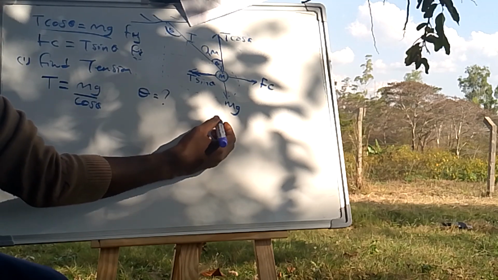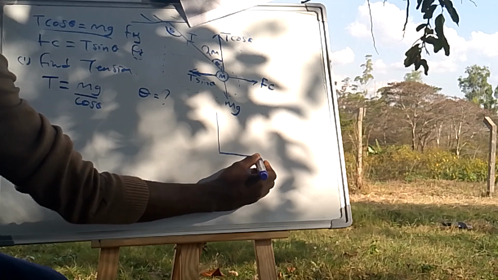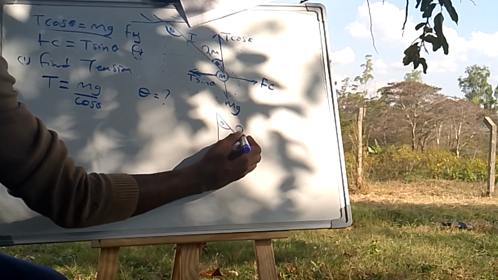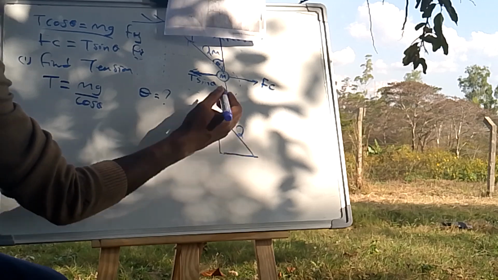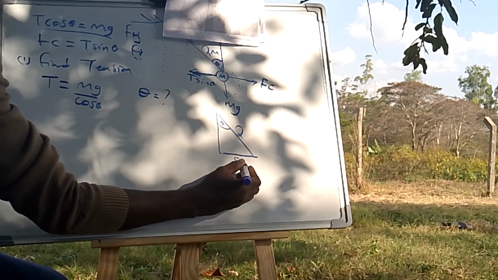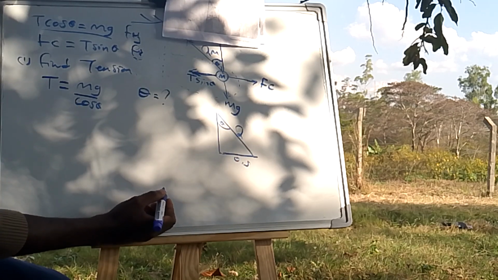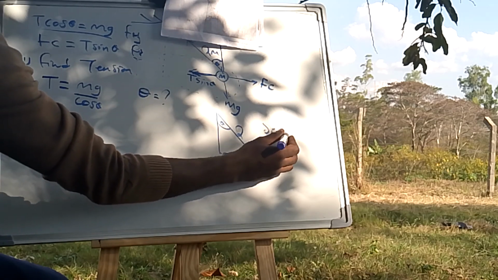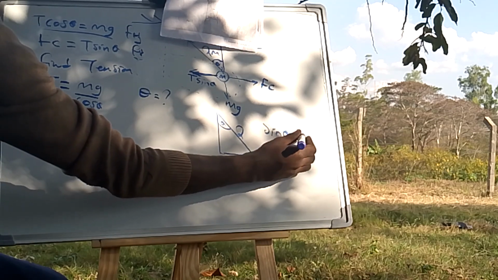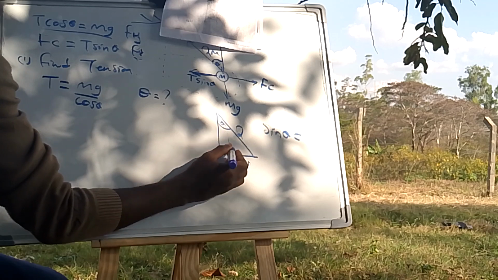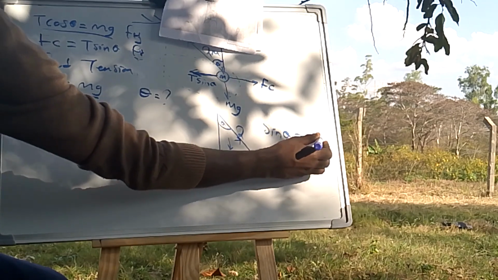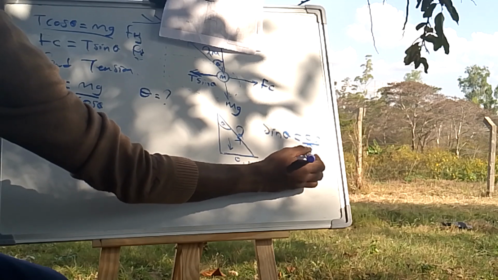The diagram is like this. Here we don't know theta, but we know this side is 2. Here we are given 50 centimeters, so that means 0.5 meters. We can find this using sine. Sine theta equals opposite over hypotenuse, so we have 0.5 over 2.